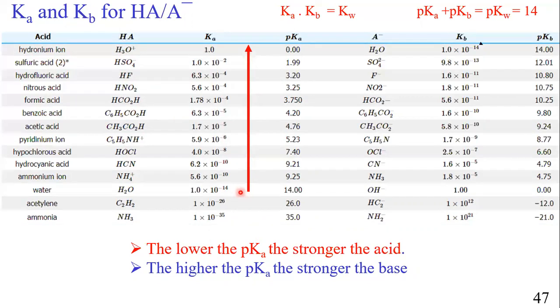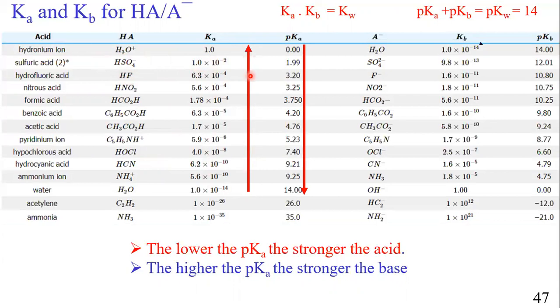As the Ka increases, these numbers increasing, the acidity increases; this becomes a stronger weak acid. The acids become stronger as the Ka is bigger.